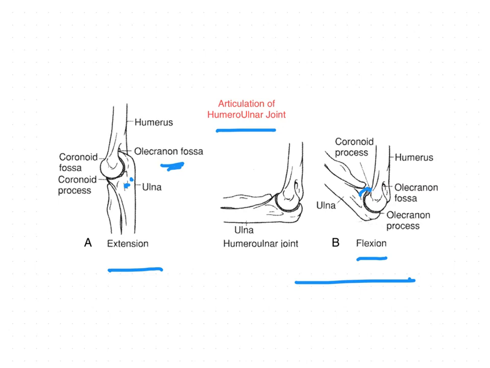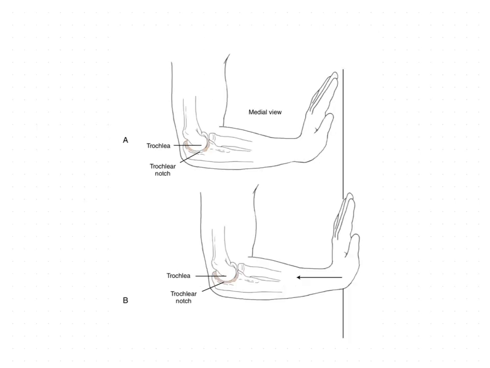But at a load of 500 newtons, the articulating surface contact areas expanded from the sides towards the depth of the notch. That means only when loaded are the surfaces in contact. In the remaining cases, the surfaces are not in contact.